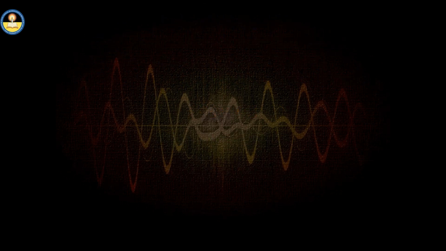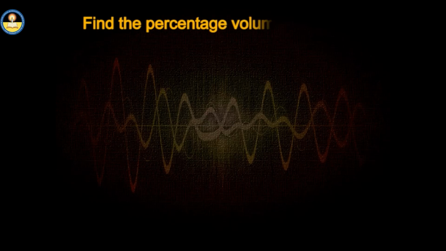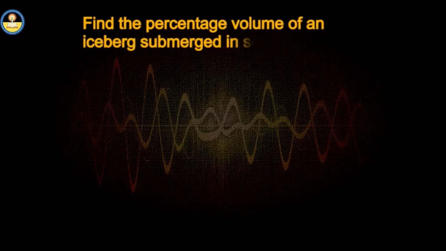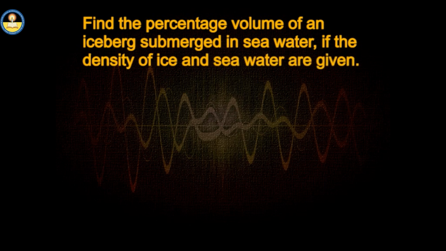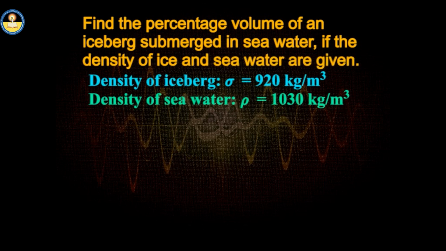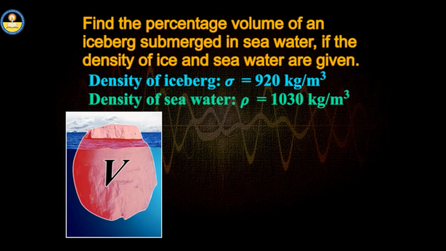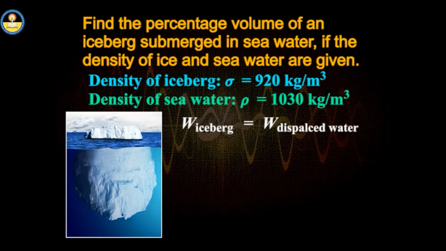In our next problem, find the percentage volume of an iceberg submerged in seawater if the density of ice and seawater are given. If V is the volume of the iceberg and V0 is the volume of the immersed portion of the iceberg, then according to Archimedes' principle, the weight of the iceberg is equal to the weight of displaced water.